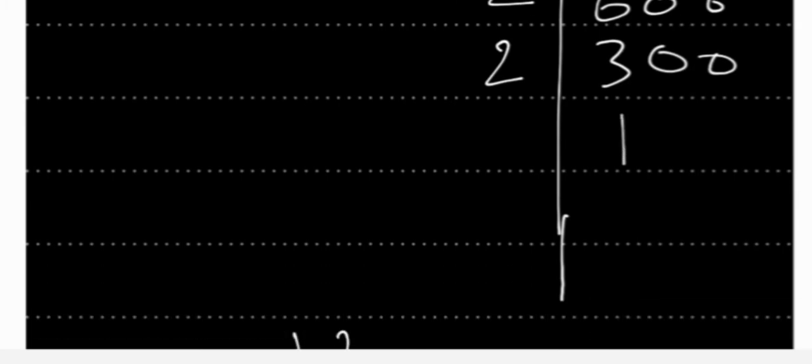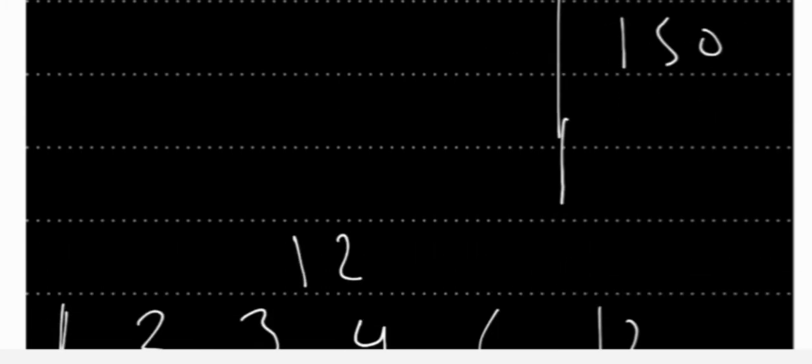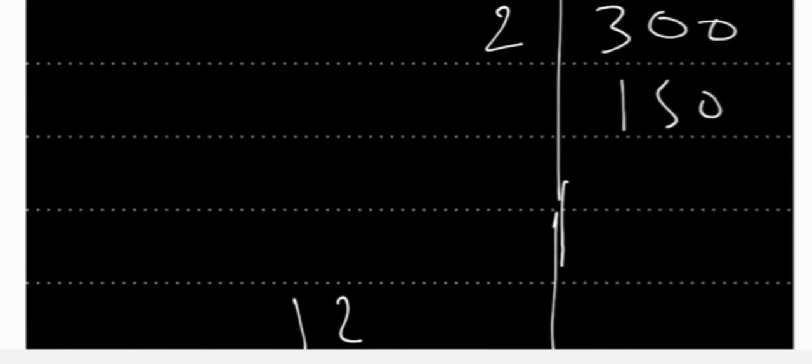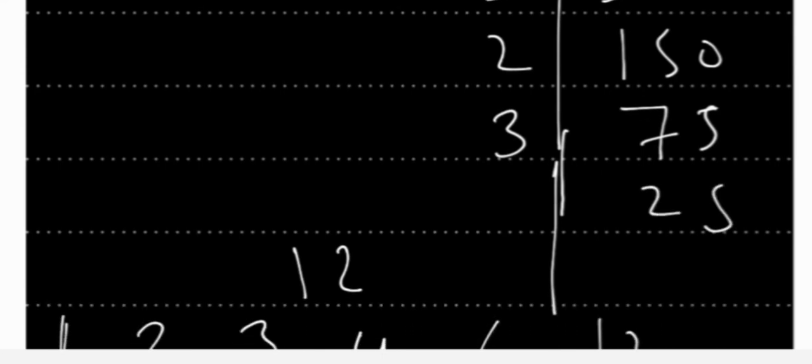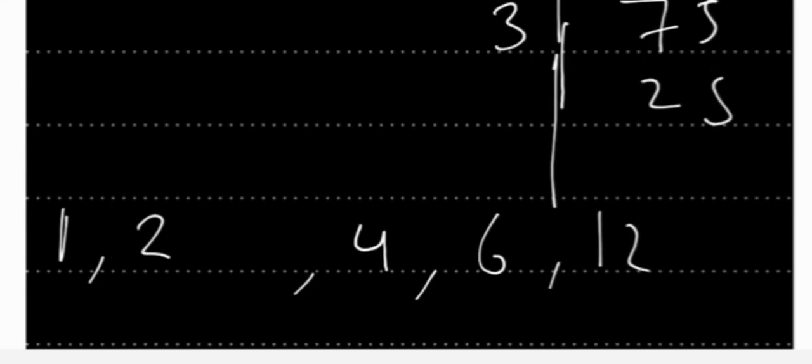We have 600, right? 600 divided by 2 is 300, divided by 2 is 150, divided by 2 is 75, divided by 3 is 25, divided by 5 is 5, divided by 5 is 1.